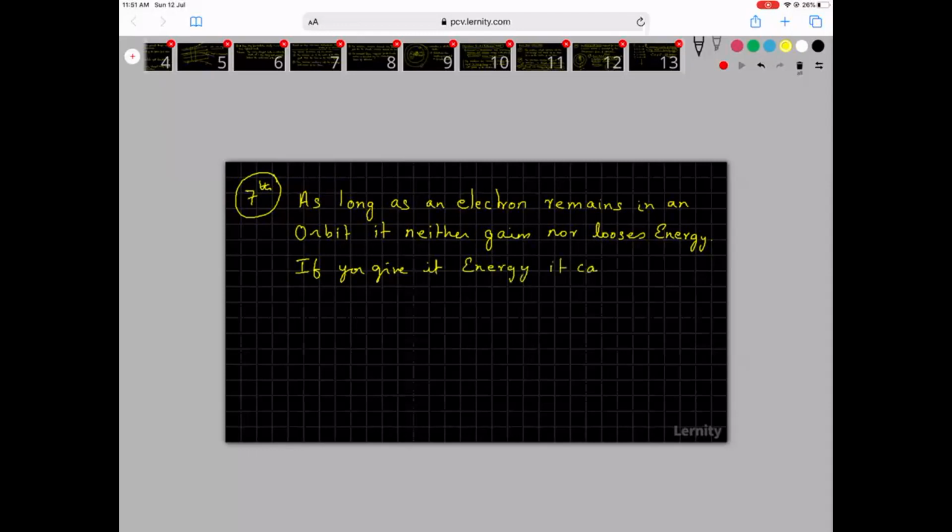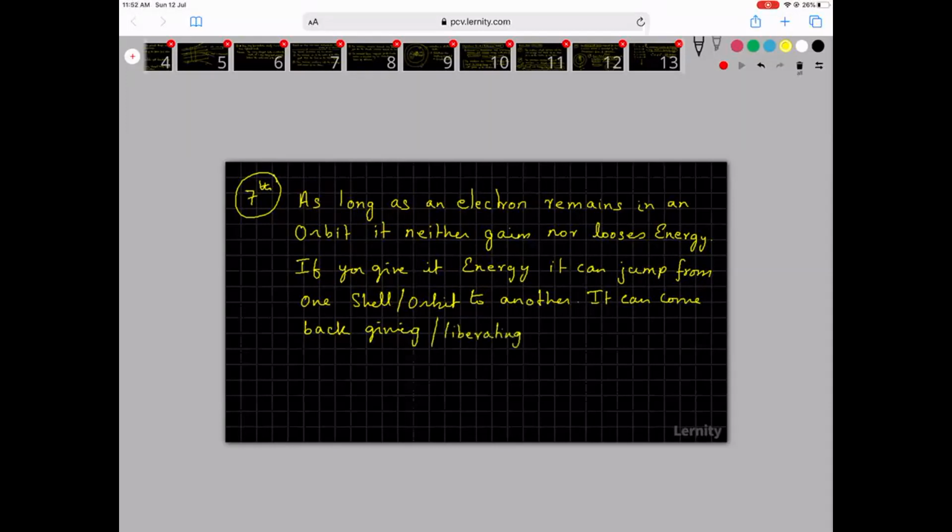If you give it some energy, it can jump from one shell or orbit to another. Then it can come back, giving back or liberating the same amount of energy.